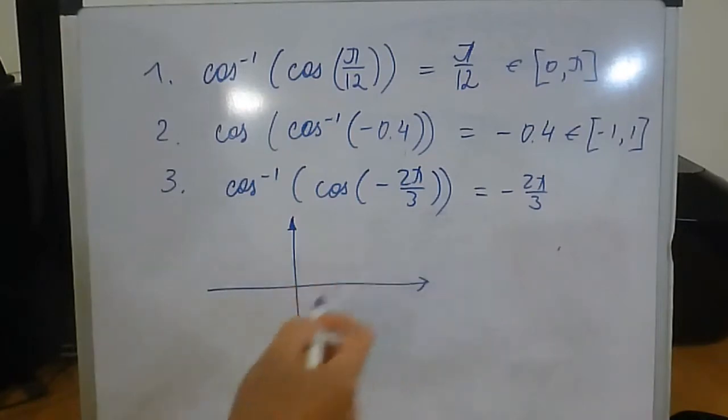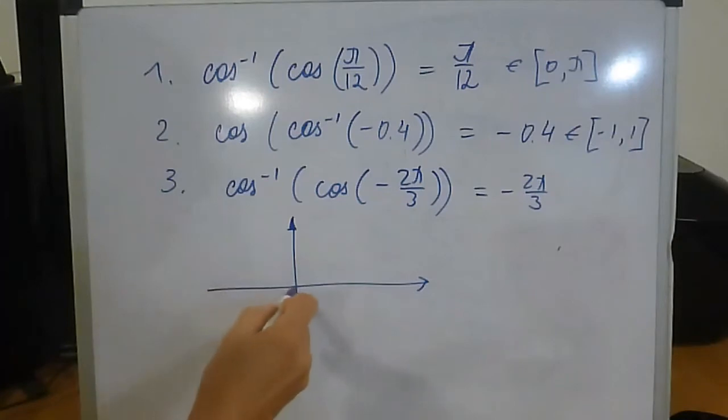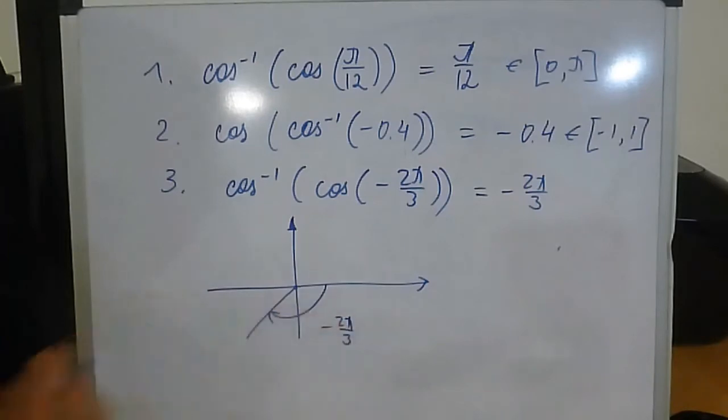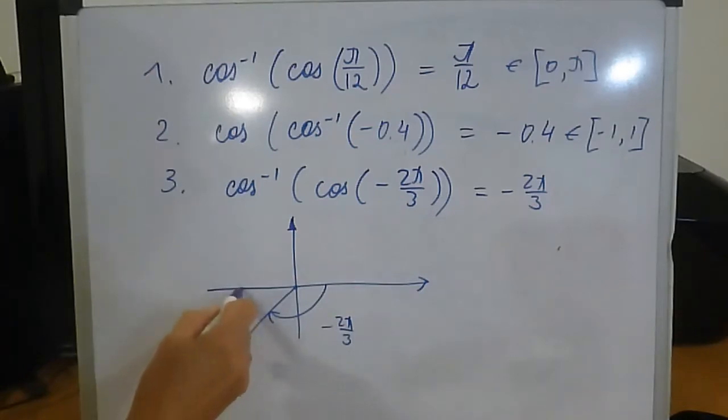First, what is minus 2 pi over 3? That's a negative angle. Negative means clockwise, and it is somewhere here. We remember that the cosine is the x coordinate, right? So the x coordinate is somewhere here. What other angle is going to produce the same x coordinate?